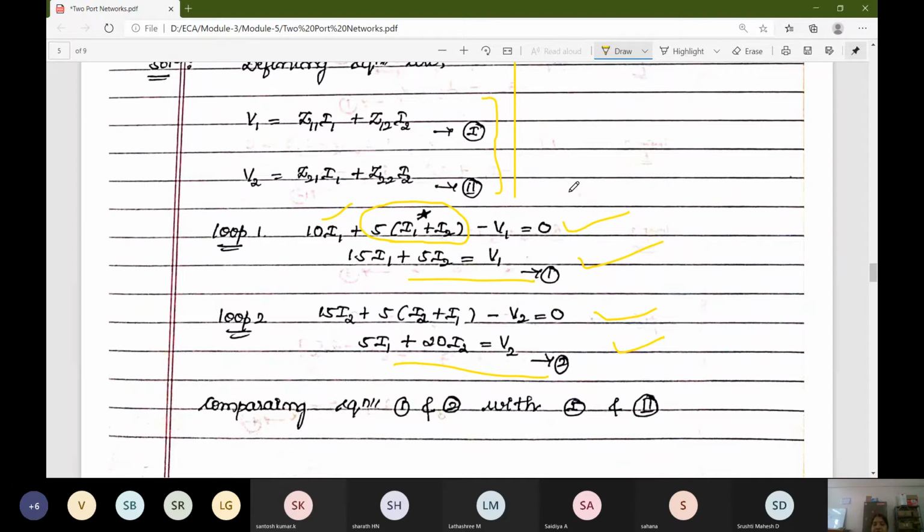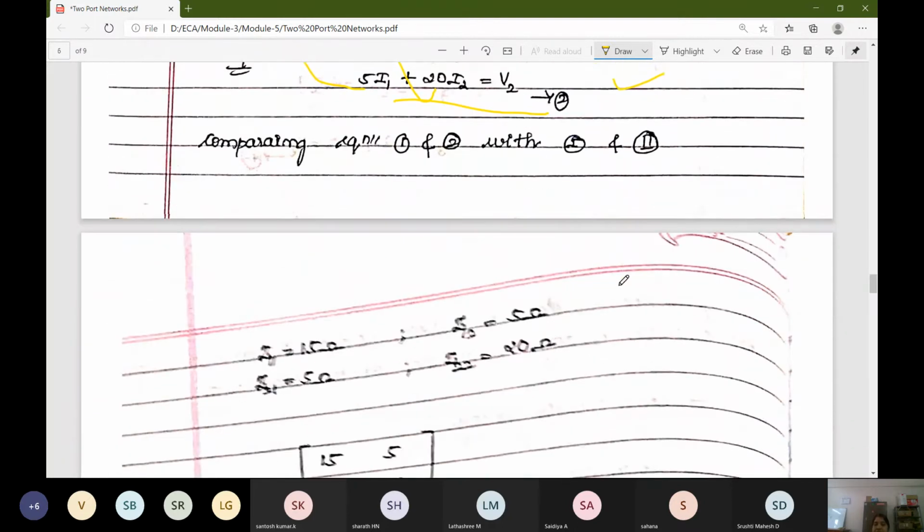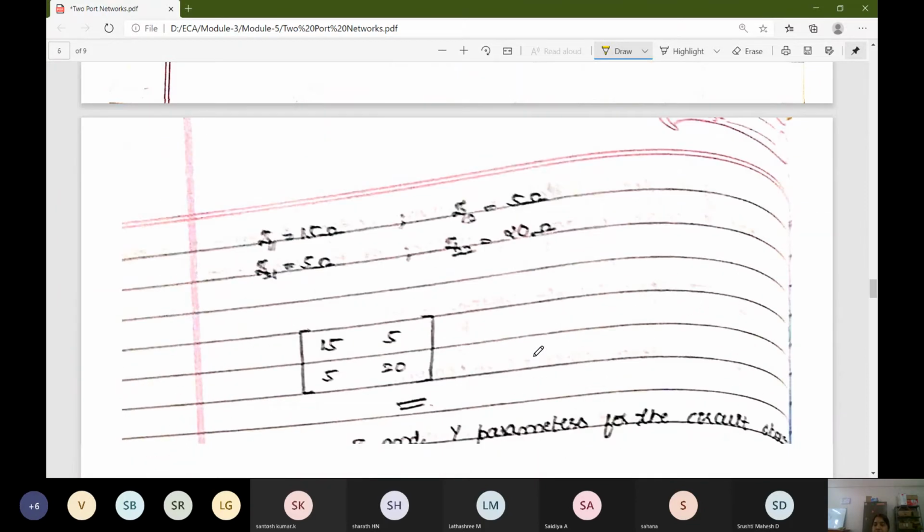When you compare, for V1 we have I1 and I2 coefficients. Then Z11 will be nothing but 15, Z12 is 5, Z21 will be 5 and Z22 will be 20. So Z11 is 15, Z12 is 5, Z21 is 5 and Z22 is 20.